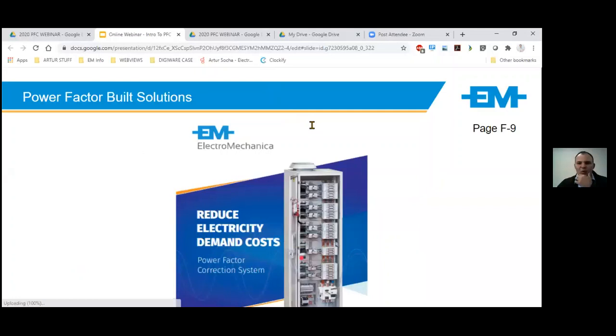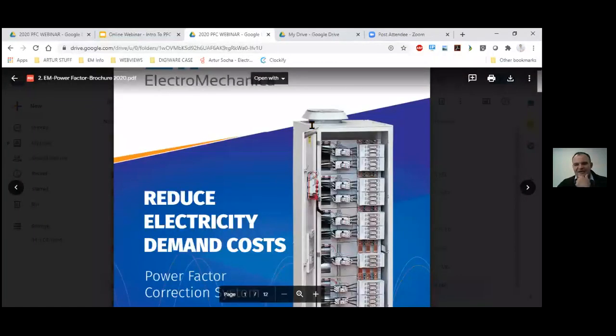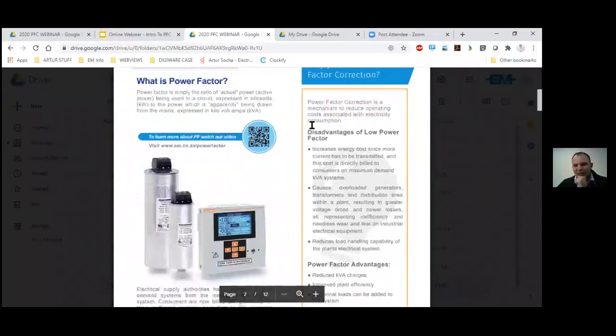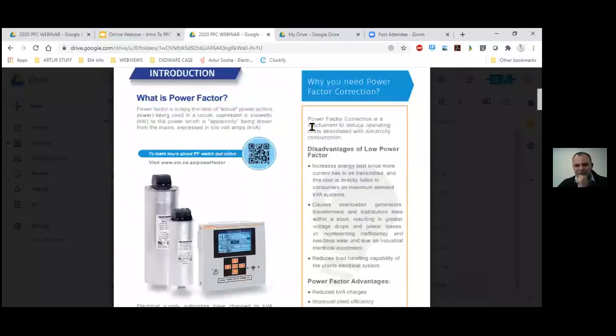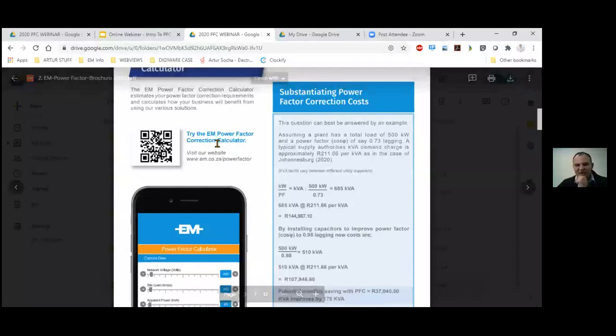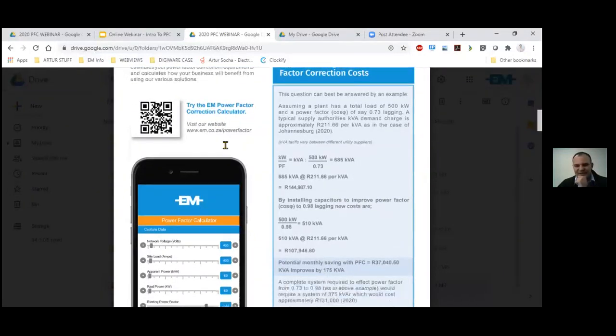We have a sales brochure which we like to share, and it is available on our website for download. Within our brochure, we have the power factor calculator, which I've indicated.